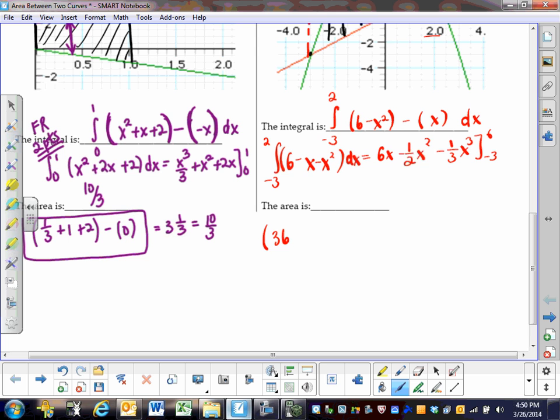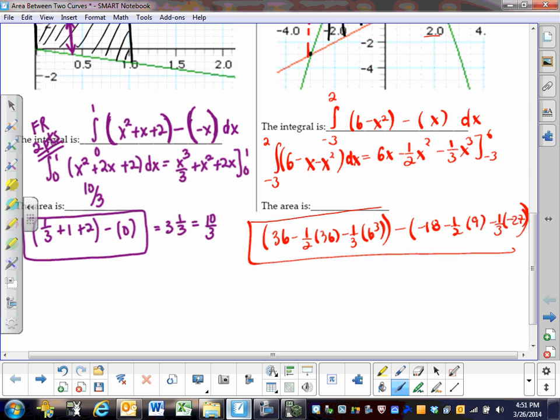I would get 36 minus half of 36 minus 1/3 of whatever 6 cubed is minus negative 18 minus half of 9 minus 1/3 of negative 27 and leave it. I really wouldn't even have to simplify out the 6 squareds and the negative 3 squareds or anything like that.